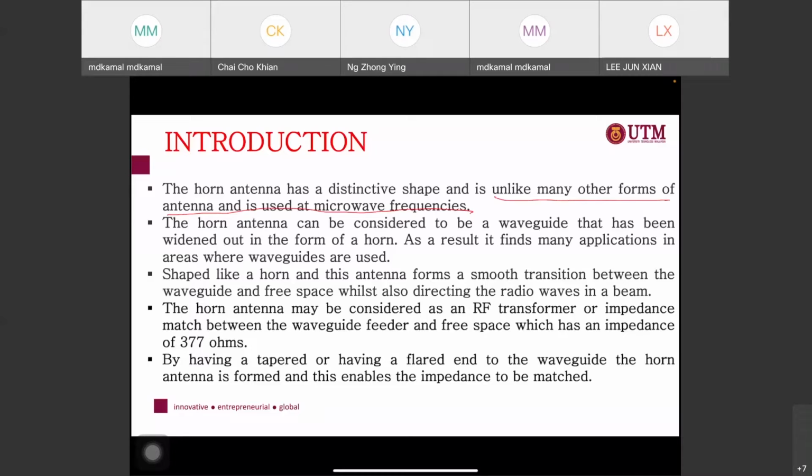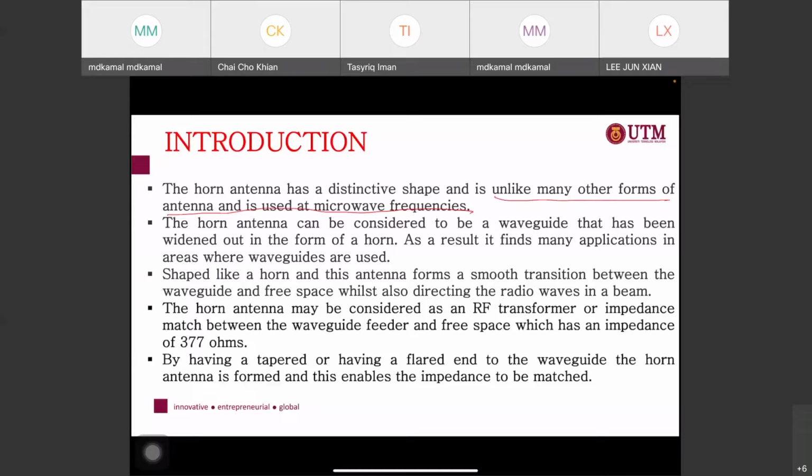So there is a feed there. You can see in front of the dish, you have the feed there. So usually they use this, what you call the horn antenna. So that is the horn antenna that is being used at your parabolic antenna there.